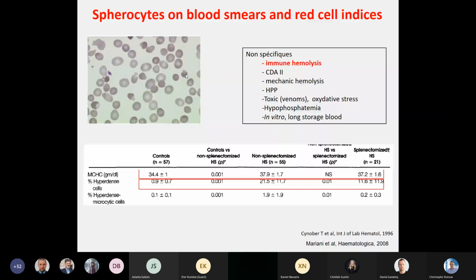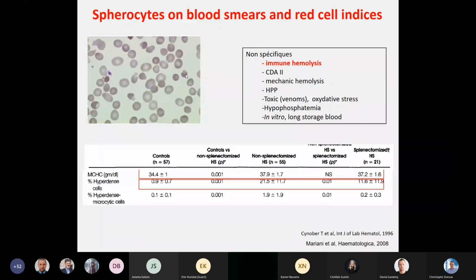Then after, you can look at the red cell indices. You have many different blood cell analyzers, and you have algorithms to try to identify HS patients using these different red cell indices. I'm not going to talk about that because it really depends on the system you are using.